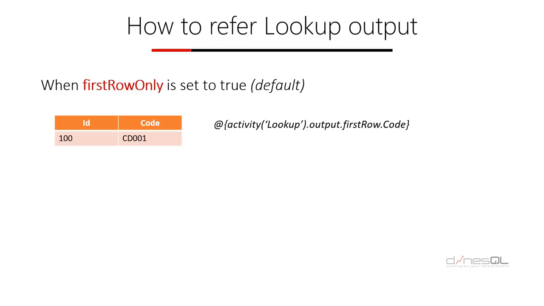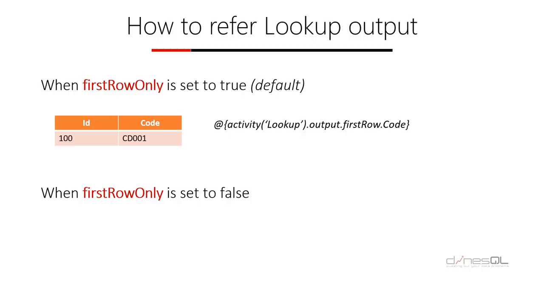So if I want to refer to the code, the expression has to be written like activity and the name of the lookup output. I need to use the first row property and the column name. So if I use the column name as code, I'll be getting CD001. If I use the column name as ID, I'll be getting 100. So I can use the first row property only when I have set the first row only property as true.